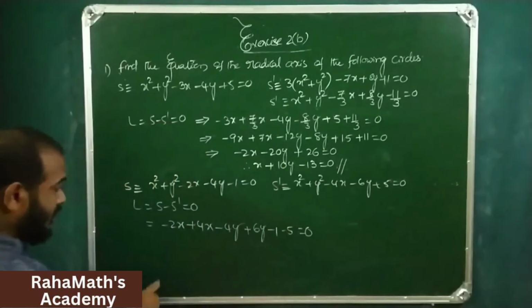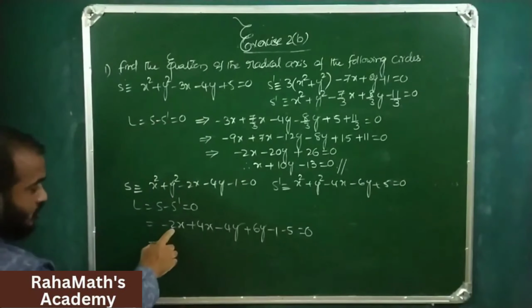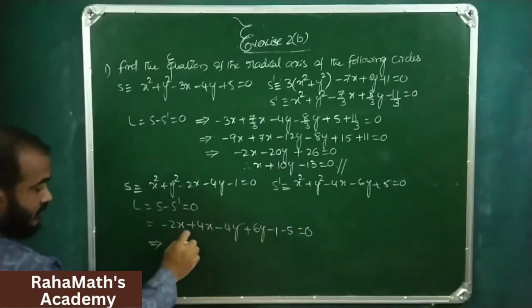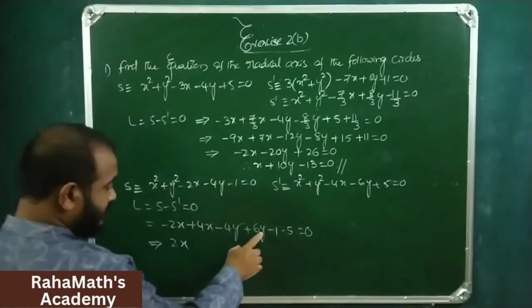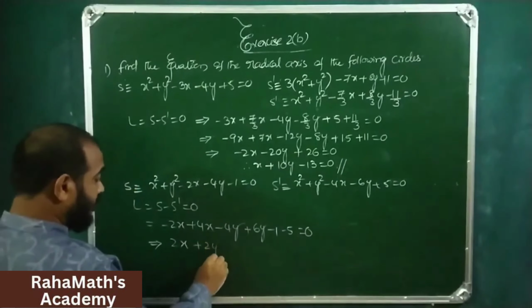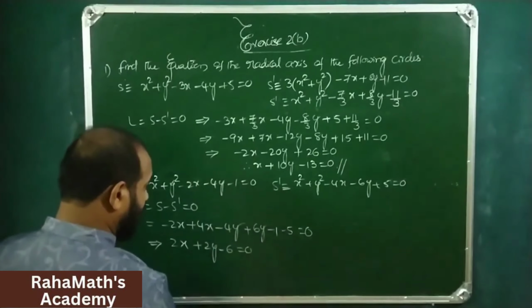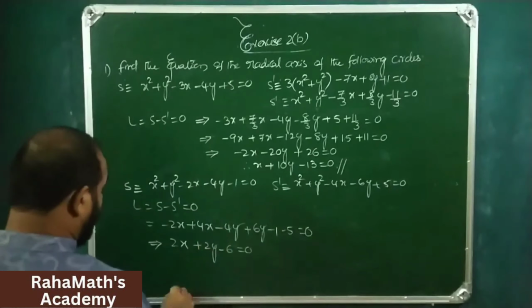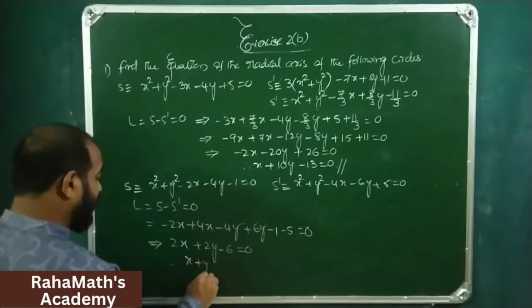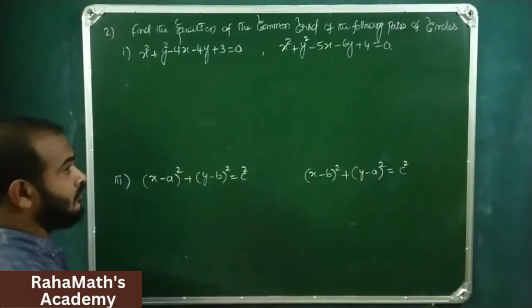That means minus 2x plus 4x is 2x, 6y minus 4y is 2y, minus 1 minus 5 is minus 6 equals 0. If you take 2 as common, then x plus y minus 3 equals 0.